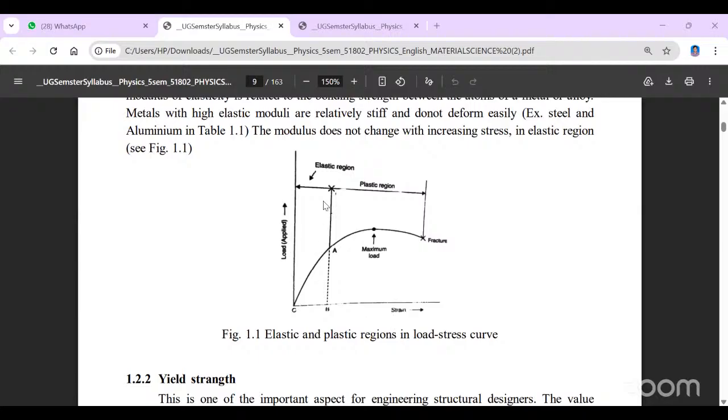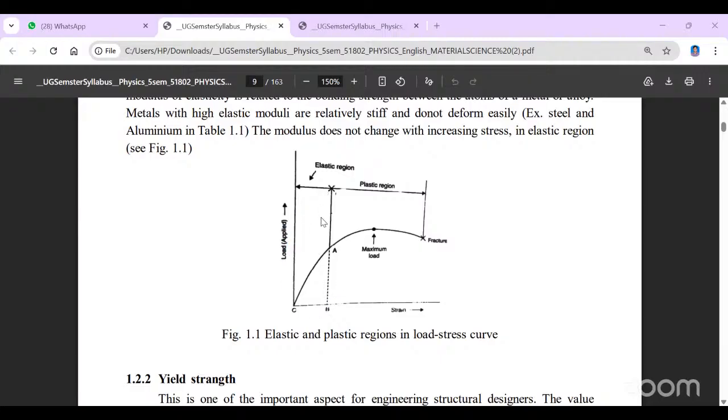So if you see here, within this range, this region, whatever we have, right?